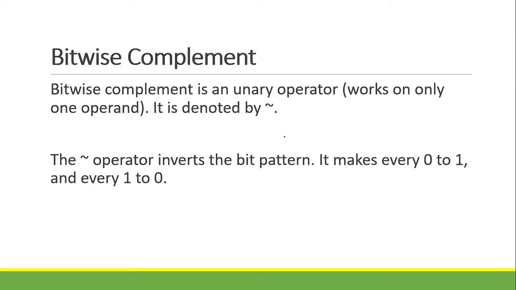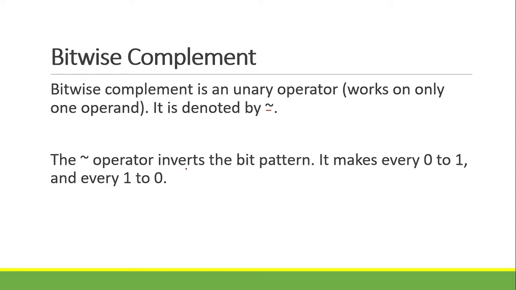Okay, when you are done, let's proceed sa bitwise complement. So, bitwise complement is a unary operator, works only on one operand. It's denoted by, so, this type of sign. So, saan mo makita tong sign na to? Makikita mo siya sa taas ng tab, katabi ng number 1. So, the bitwise complement operator inverts the bit pattern.